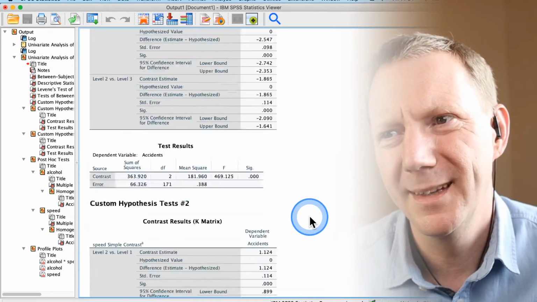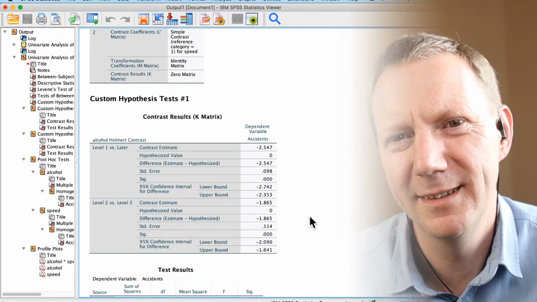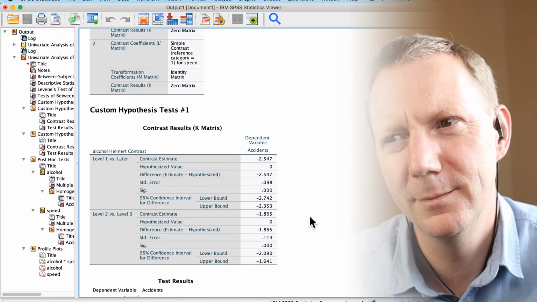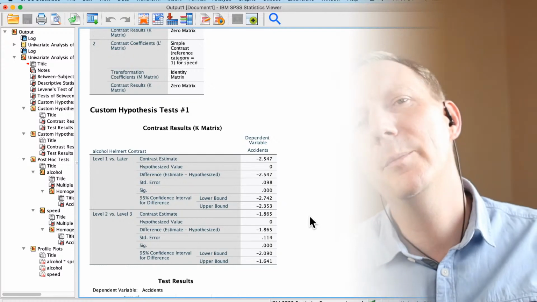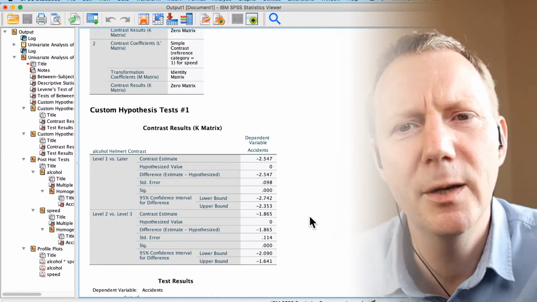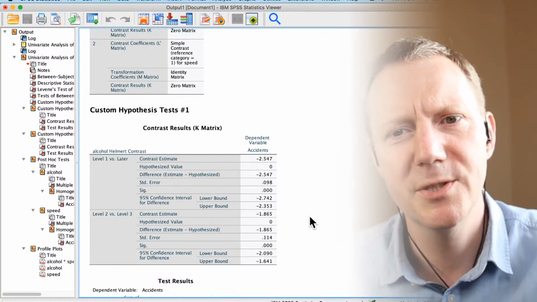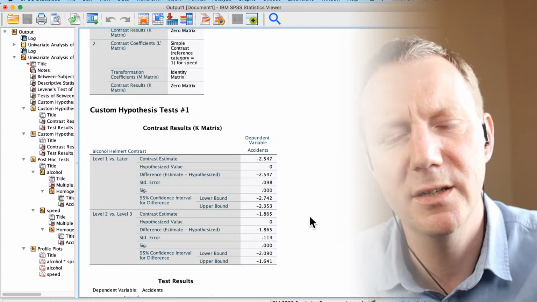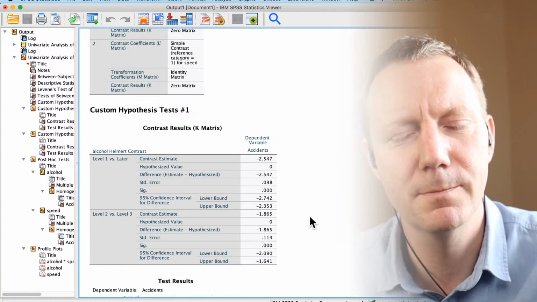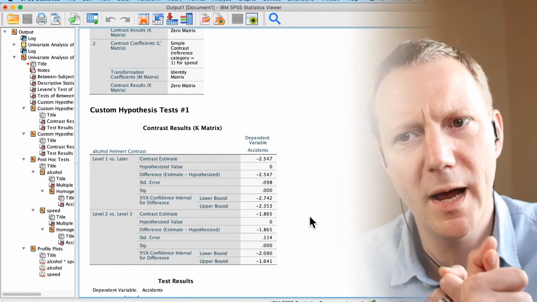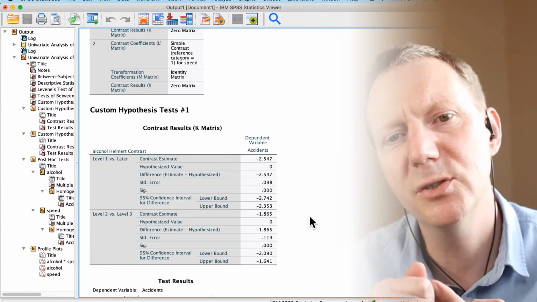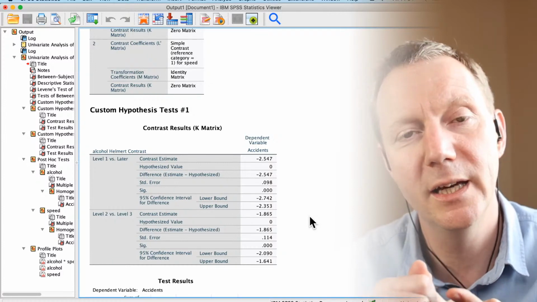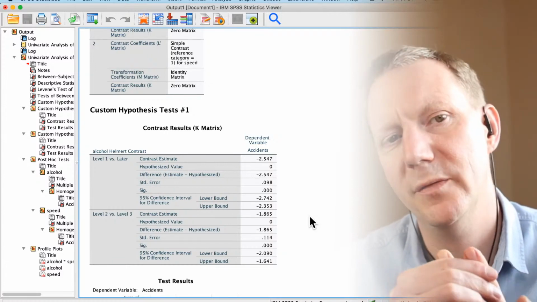Okay. I think I got it, but to make it clear, could you state the hypothesis that would fit with the analysis we just did? So we would have two different ones now, right? My hypothesis, in line with the Helmert contrast, could be that drugs increase the amount of car accidents. Okay. So that would be your one hypothesis, and then your second hypothesis could be, well, a high dose of alcohol increases the amount of accidents more than a low dose of alcohol.